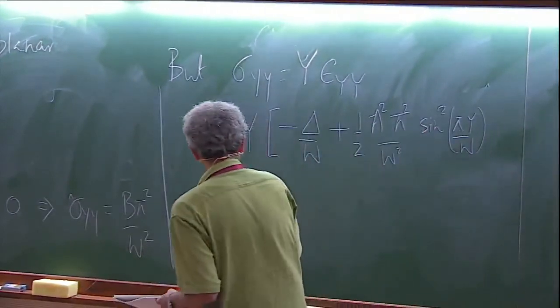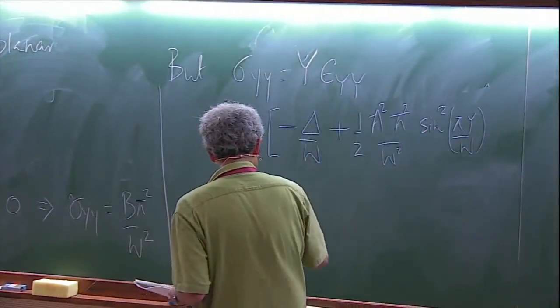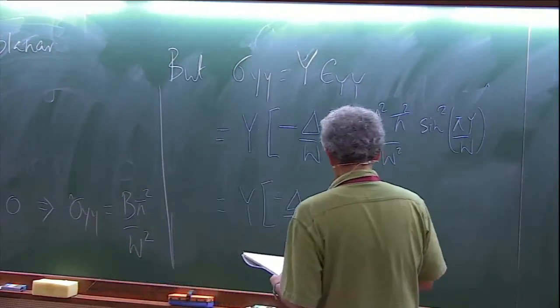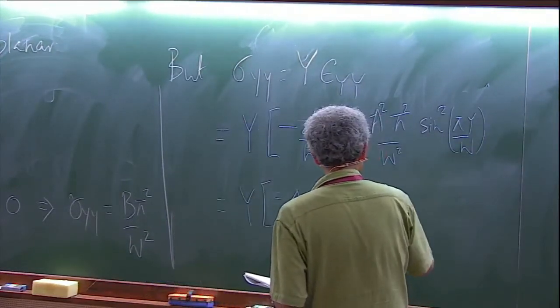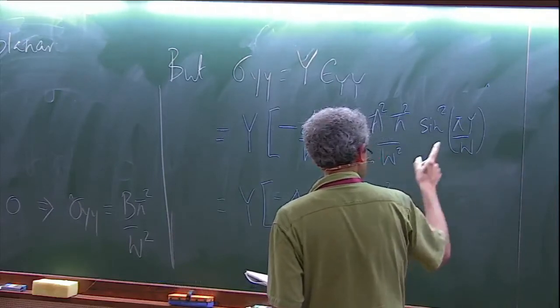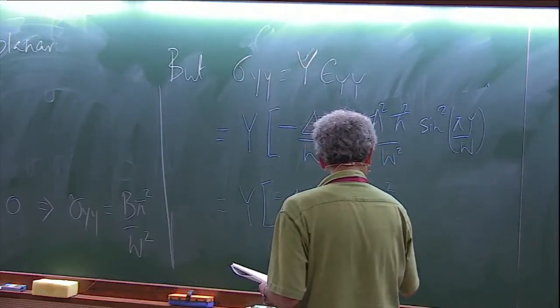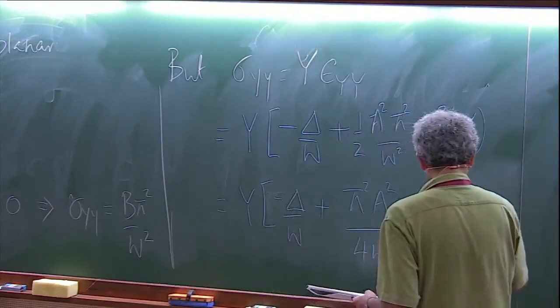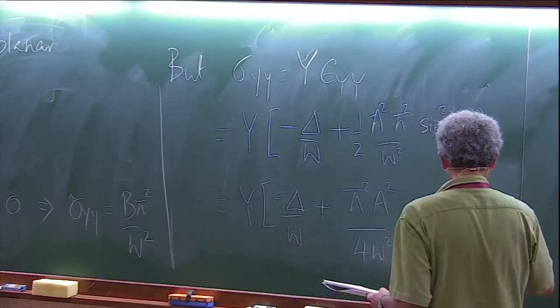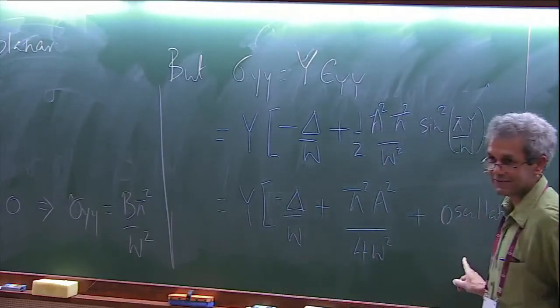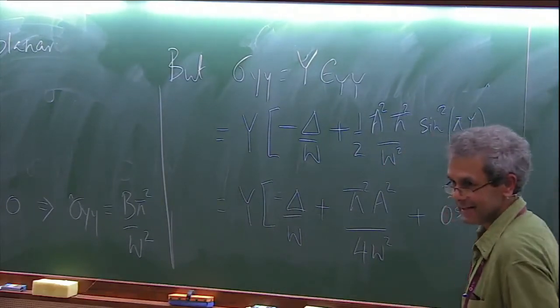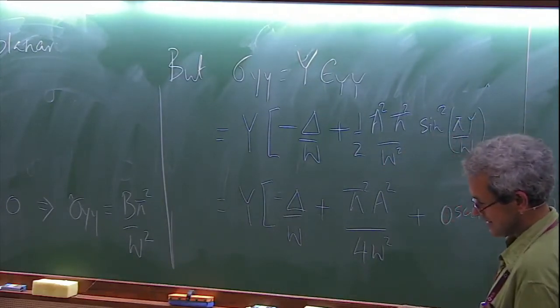So that's Y times minus delta over w plus pi squared a squared over 4w squared plus an oscillating term. This better be fixed by later terms in the series. I will optimistically not discuss convergence, and say this is going to be fixed by other terms in the series.